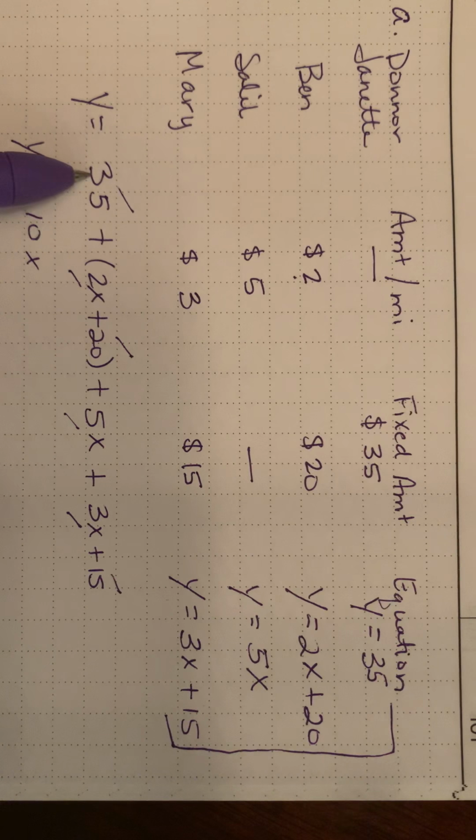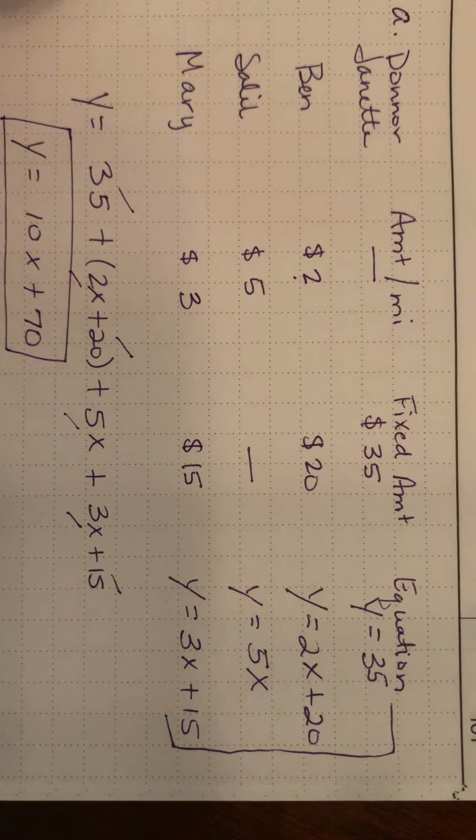Then if we add 35 plus 20, we have 55, plus 15 is 70. This is the equation that represents our total amount earned if we walk X number of miles. So that's the answer for B.